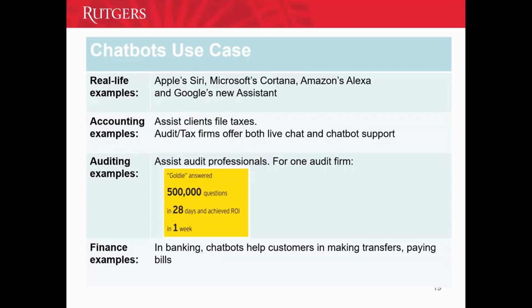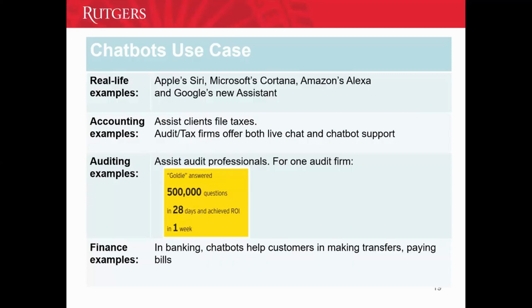So I want to give you an audit example here, a real life example of EY. EY is one of the big 4 audit firms, and EY have implemented a chatbot called EY Goldie. If you go to their website, you'll see that within the first week of implementing that chatbot, it could answer questions that employees were having around regular human resource activities, right?